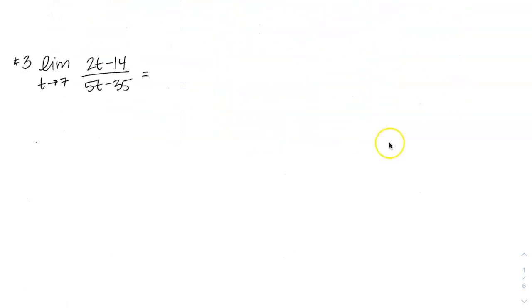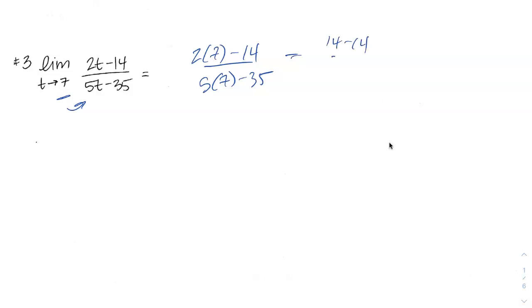Next one, same idea. First thing we do is sub it in, see if it works, because sometimes it just works. 2 times 7 minus 14 over 5 times 7 minus 35, but this is not going to work. So we get 0 over 0, so indeterminate. Again, that just means we have more work to do. In this case, we're going to factor again. The limit as x goes to 7.